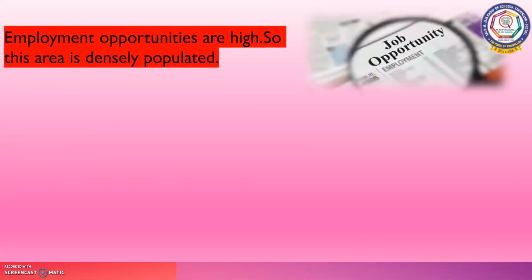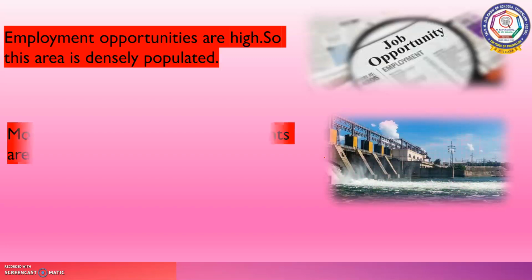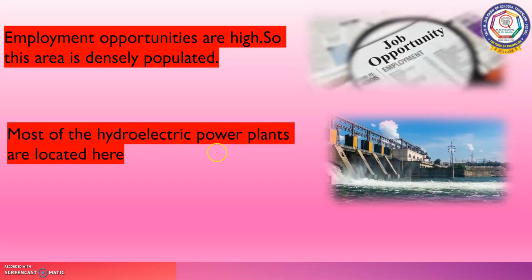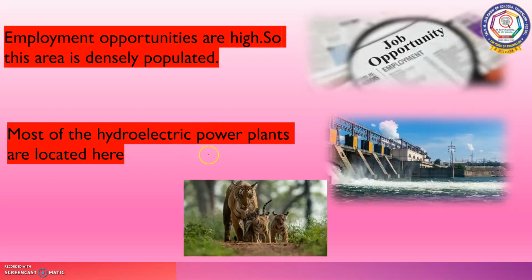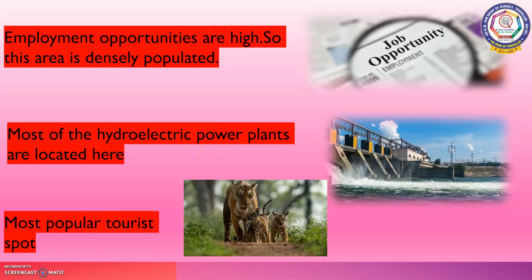Employment opportunities are high, so this area is densely populated. Most of the hydroelectric power plants are located here. The biodiversity of the Brahmaputra plain makes it the most popular tourist spot for wildlife enthusiasts.